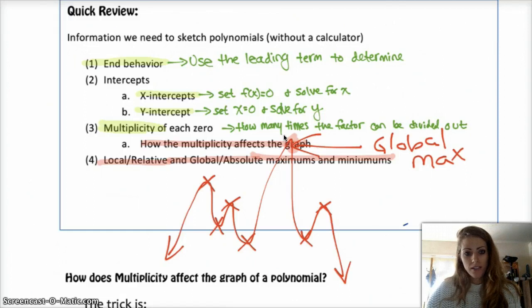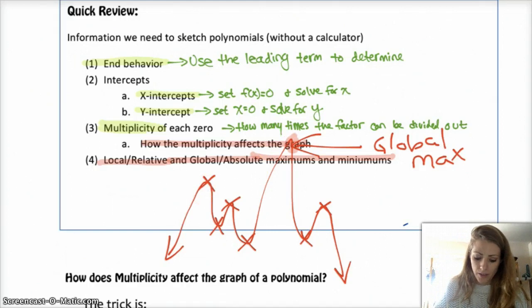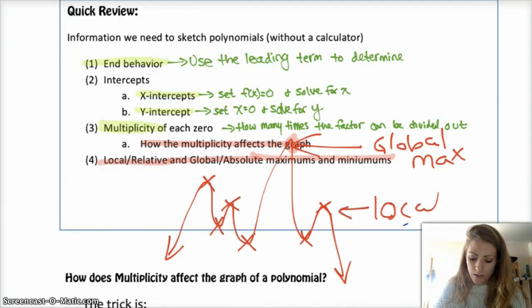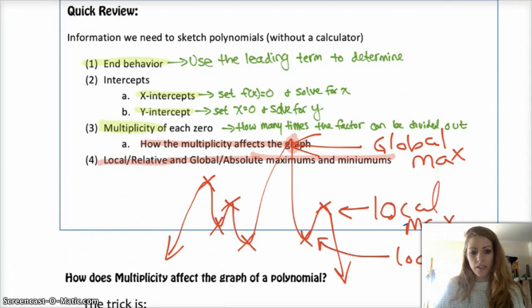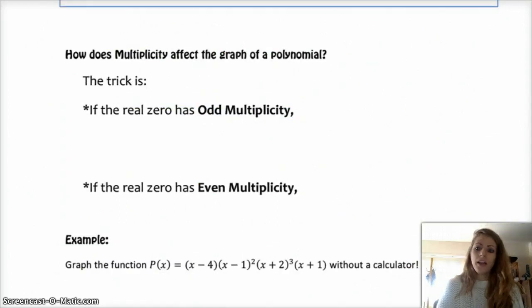So that's what a local/relative or global/absolute max and min are. That's going to be a global or local max, and that's a local min. You can also use the word relative instead. Okay, there you go.